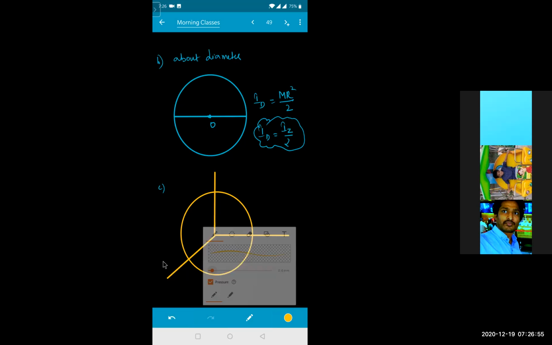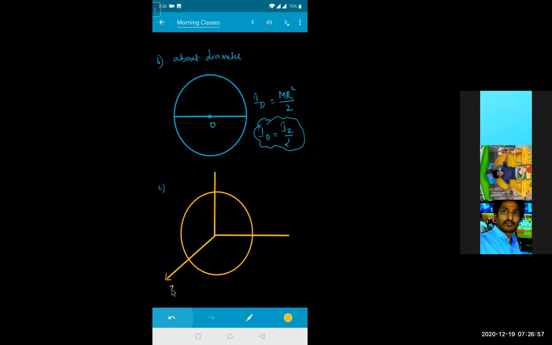This one is your z axis, this one is along x, and this one is along your y axis. So the moment of inertia along the x axis or Iy will be equal to M R square divided by 2. But the moment of inertia about Iz will be equal to M R square.